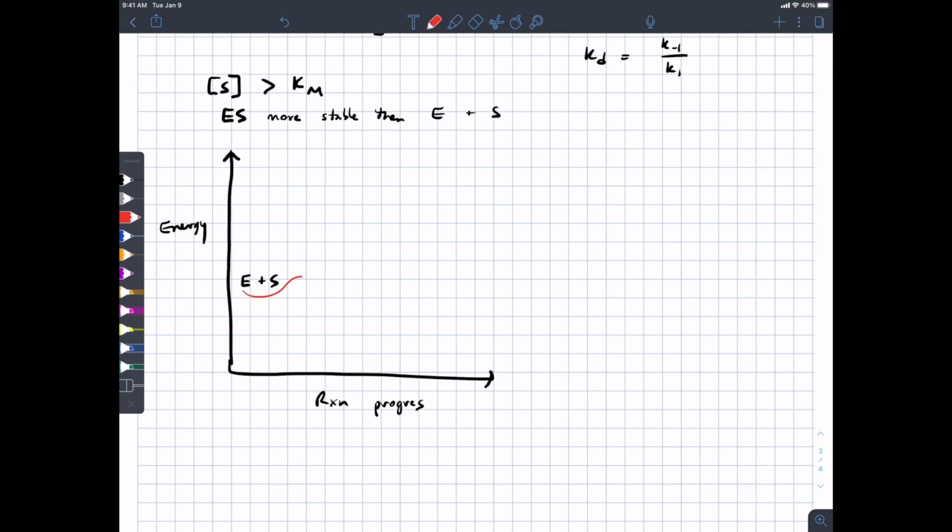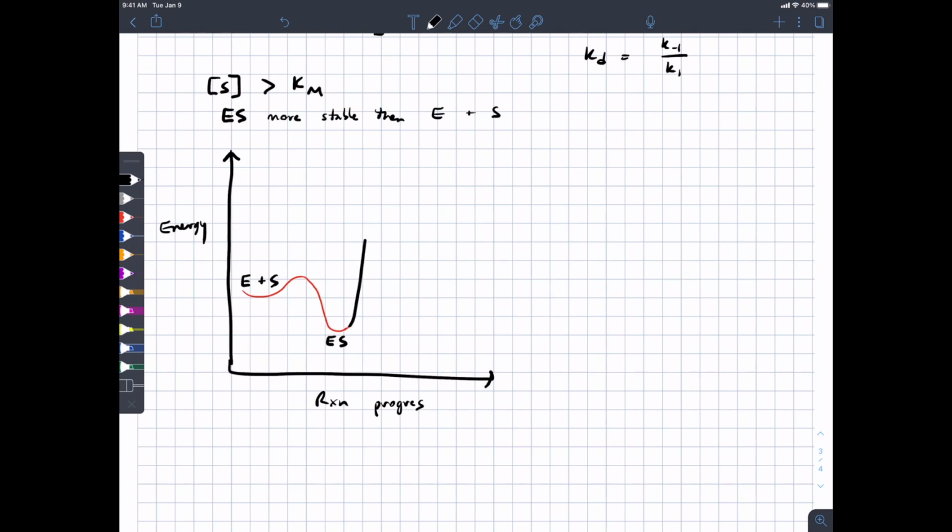Then there's enzyme substrate binding, and when the substrate concentration is much greater than Km, you expect most of the enzyme to be bound. The way we're drawing that is the enzyme substrate complex is lower in energy than the enzyme and substrate are to begin with.